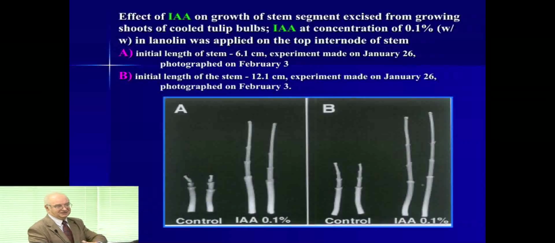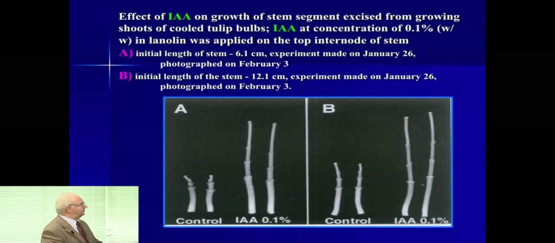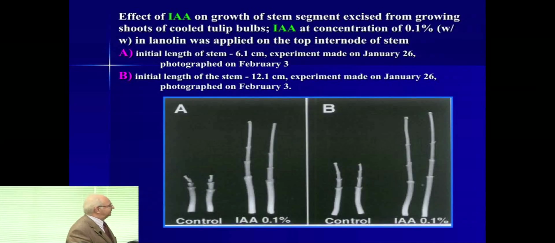We cut near the basal plate, and all leaves and the flower buds were removed. These are control plants, and these explants were kept in water only, and on the top was only lanolin paste.